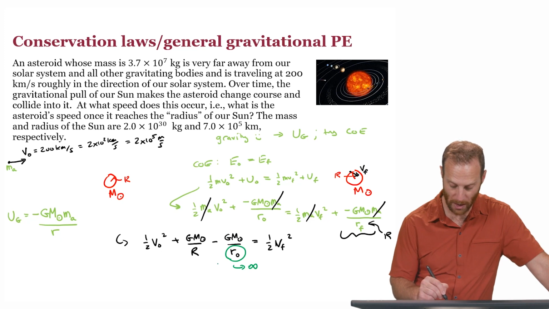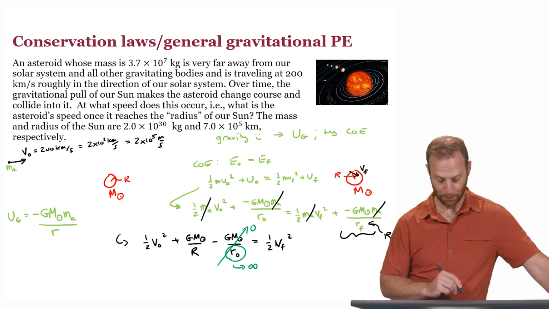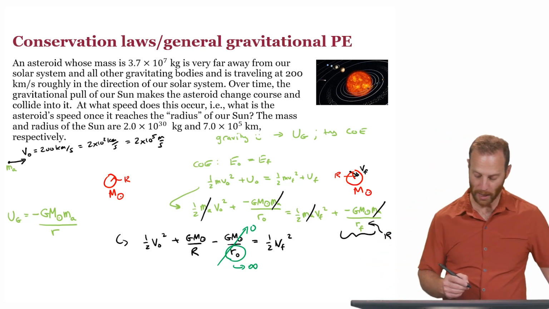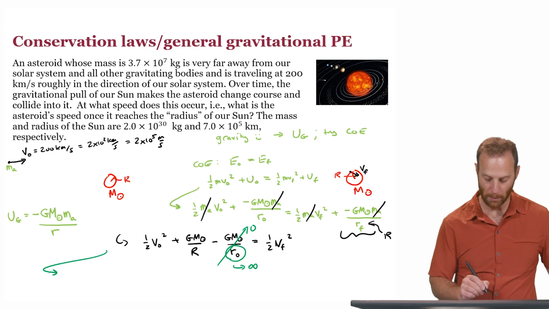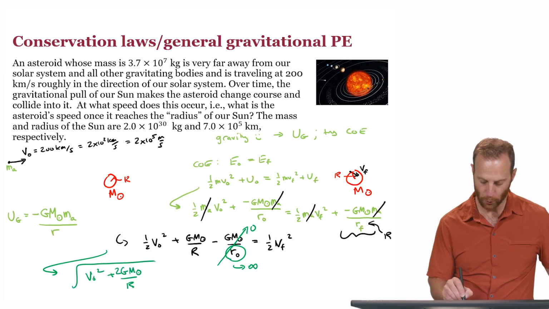So this entire term is approximately 0. The last step is to multiply by 2 and take a square root. So the final speed is the square root of v naught squared plus 2G mass of sun divided by r.